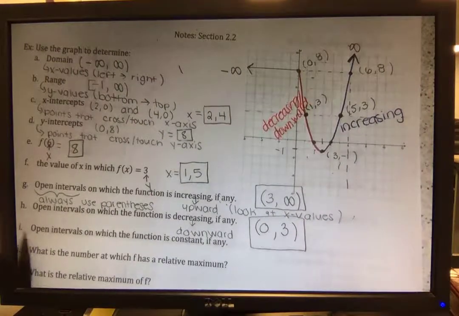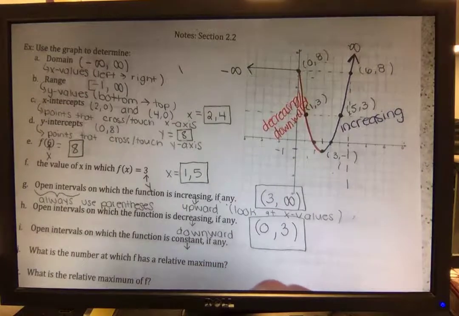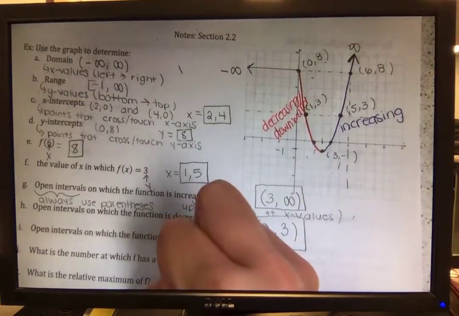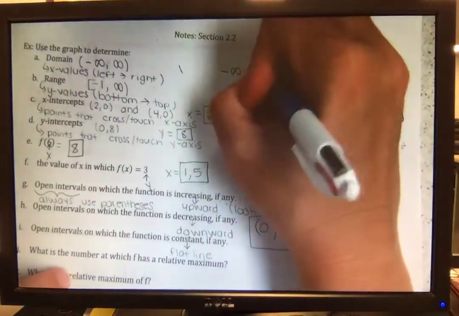Last but not least, on this type of example it says open intervals on which the function is staying constant. So constant means it's flatlining out. So this is where my graph is staying constant.